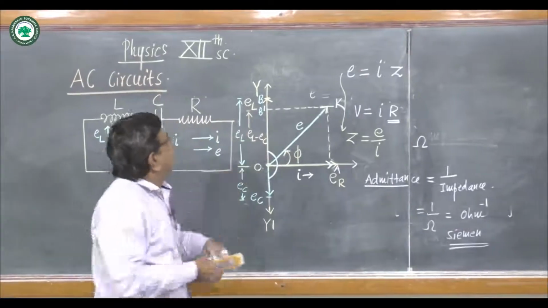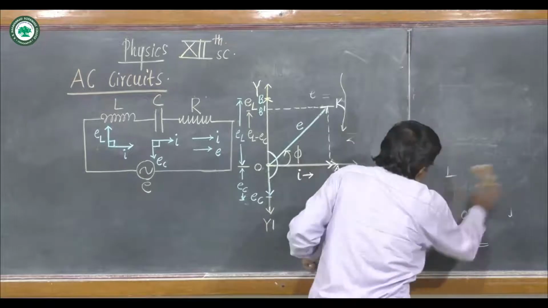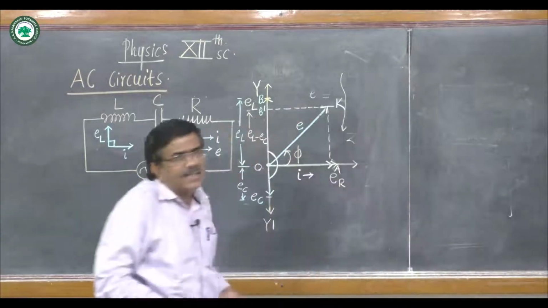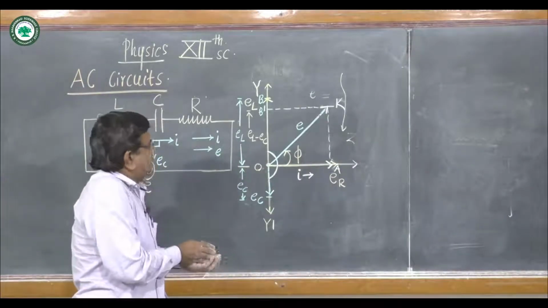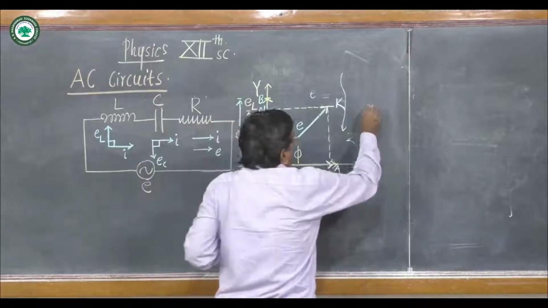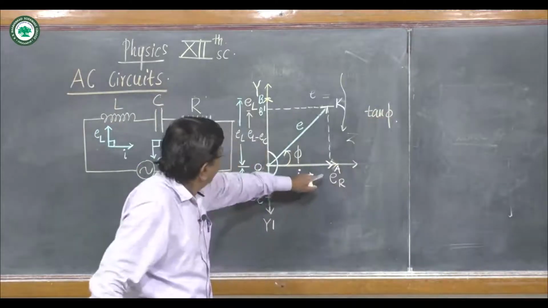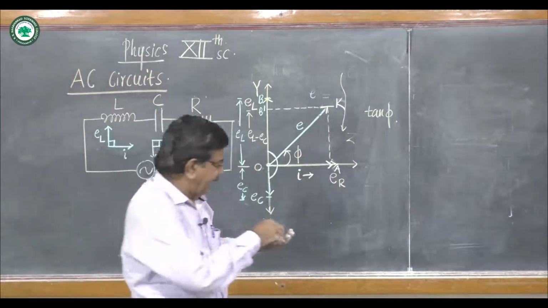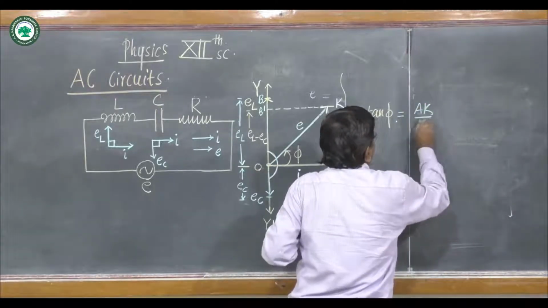Now from the phasor diagram, see the phasor diagram again. From this diagram, tan phi is AK upon OA.